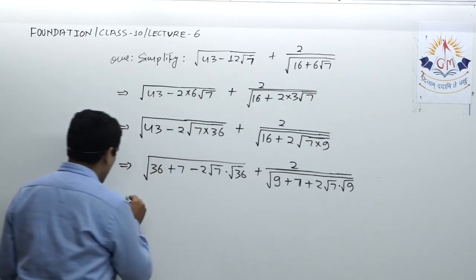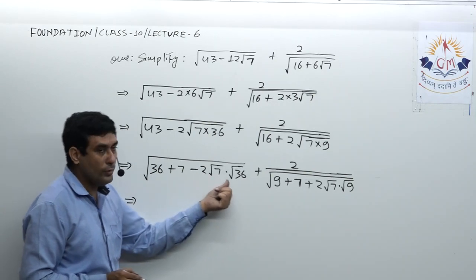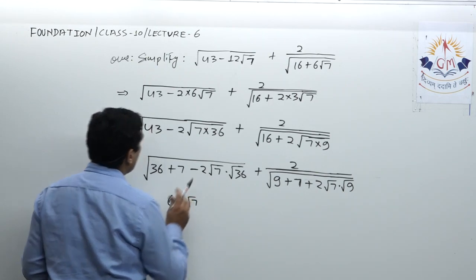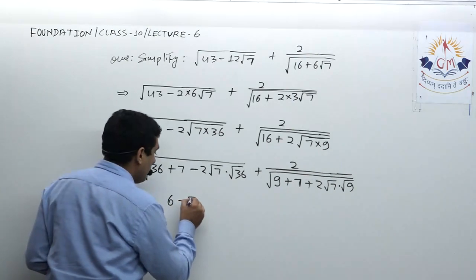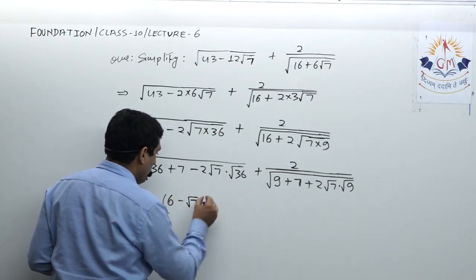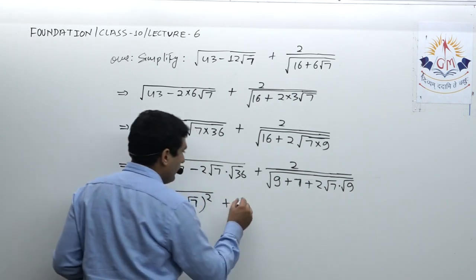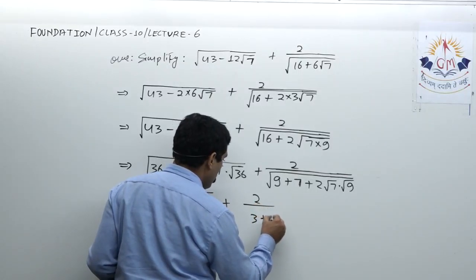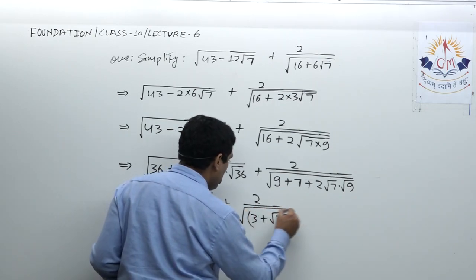Okay, so over here now this can be written as 6 square, this is root 7 square minus 2 into ab. So here I can write 6 minus root 7. You have to keep this in your mind, as this is a negative sign, so I will write 6 minus root 7 whole square, definitely the square root sign is there, plus 2 upon 3 plus root 7 whole square, and again the root sign is there.